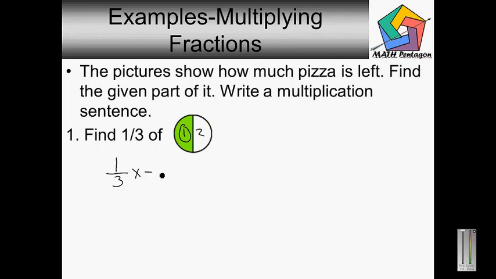So our denominator would be the total pieces in the pie, 2, and 1 that's shaded in would be our numerator. So it would be a half. So we have 1/3 times a half. So we just multiply straight across. 1 times 1 is 1, and 3 times 2 is 6. So our final answer would be 1 over 6.